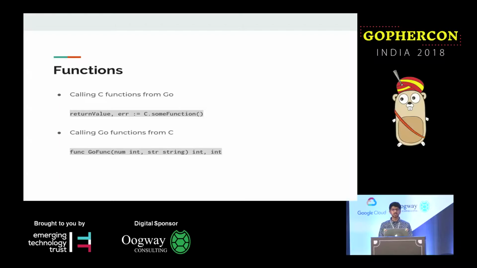Then on the Go side, we can get the value from that error and proceed with what we want to do after that. Similarly, Go functions can themselves return multiple values. To get those on the C side, you'll have to pull them out of a struct that is created. So Go can return any number of values, and when you call that function from C, you'll get a struct, and you pull out the respective values from that struct.